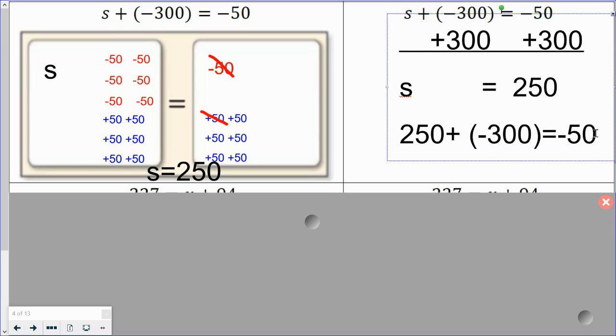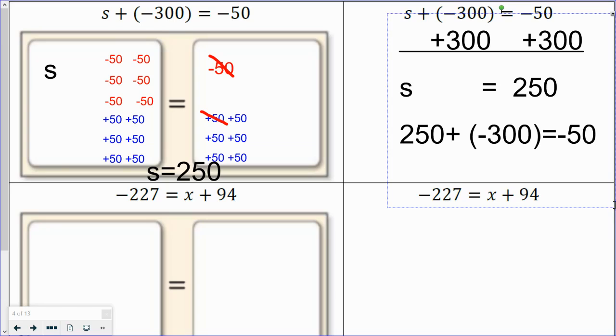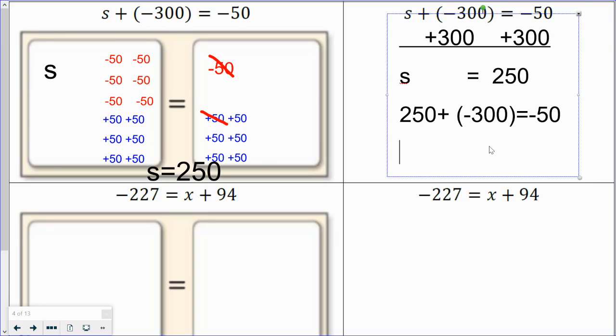Well, if I do my math right, we get negative 50 equal to a negative 50. Yes, in fact, this does work to our liking. Questions on that one? Make sure you make a note of it to ask your teacher.